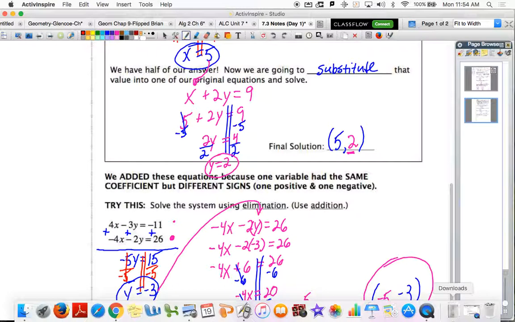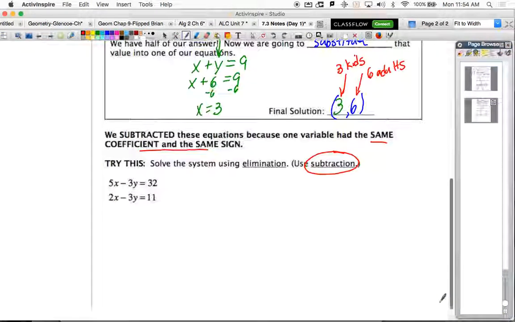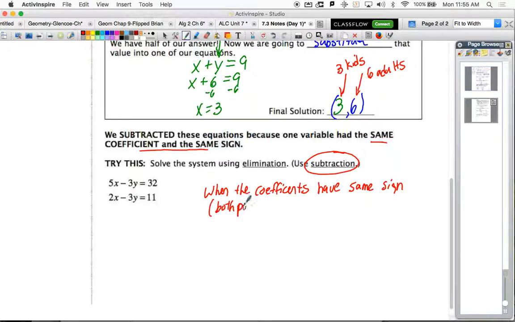So I'm not going to solve this very last one here on the back side, but what I do want you to write down is that when the coefficients have the same sign, they're both positive or both negative, we subtract the equations together.